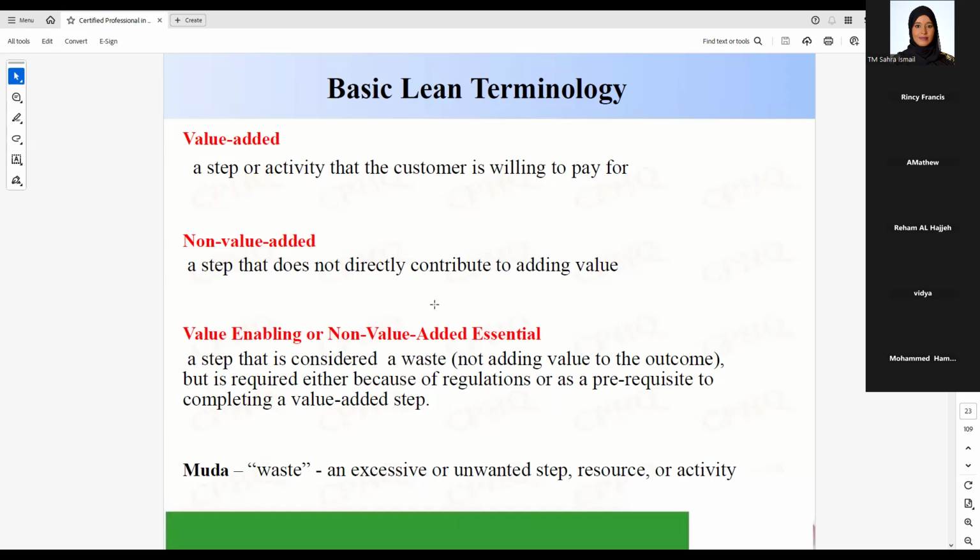Okay, so I'm going to continue with the discharge example for today. What is a value added activity in the discharge process that the patients are willing to pay for? Maybe medication. Medications, definitely. Consultation fee.